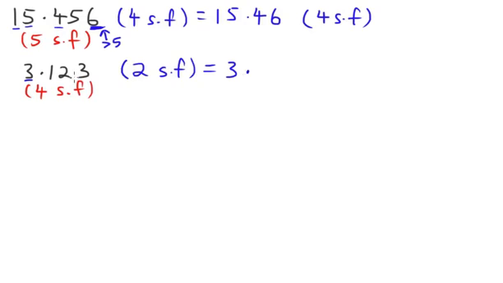Now when we round it off to 2 significant figures, we have to look at the 2 here. Don't look at the 3, look at the 2, just beside the 1. So 2 is less than 5, so when we round it off, it becomes 0. So it doesn't add 1 to the 1 here, so we will just get 1.